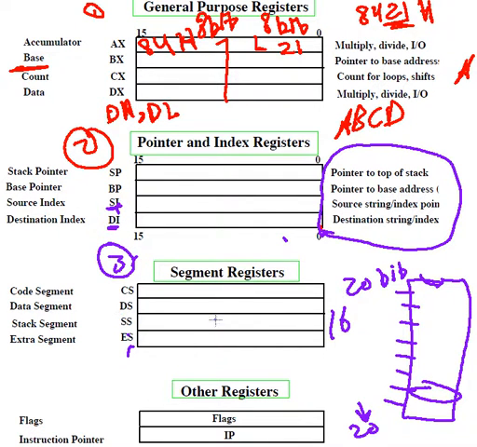We will take another example on how to calculate the effective address or physical address in memory, given a code segment and a register.